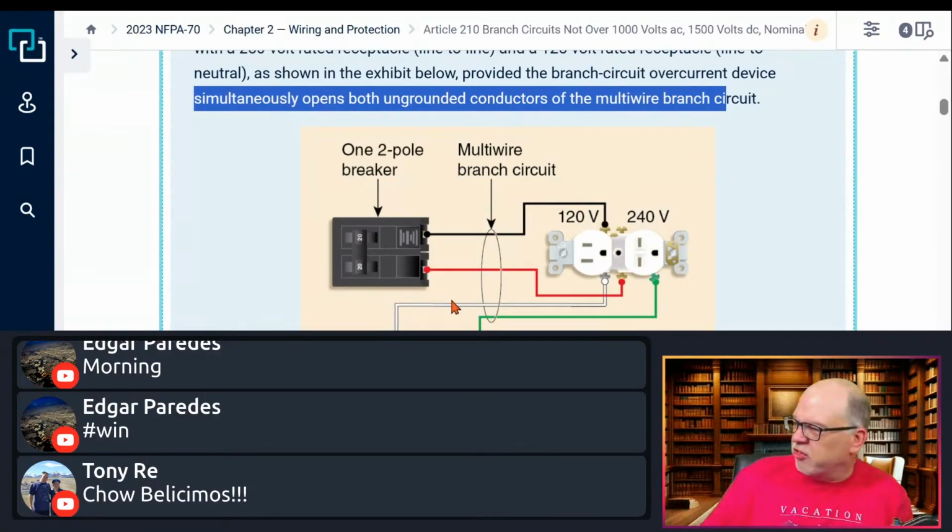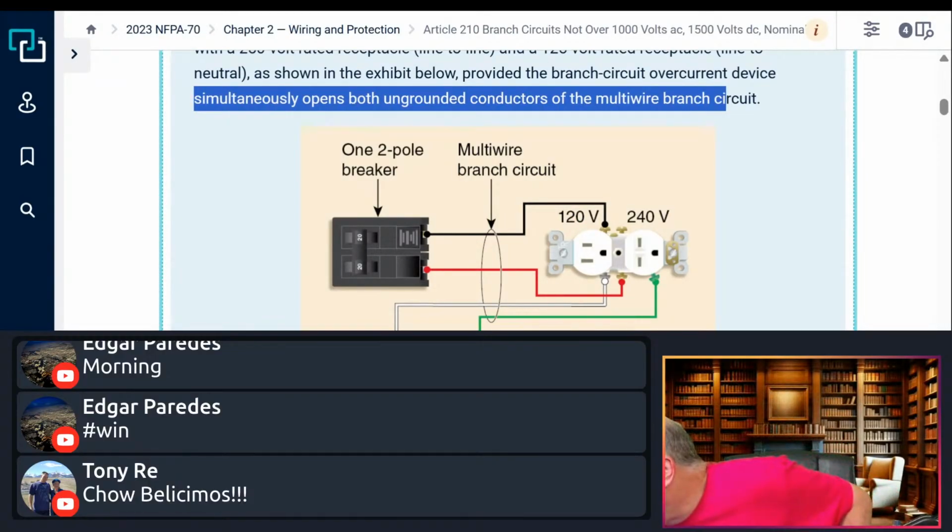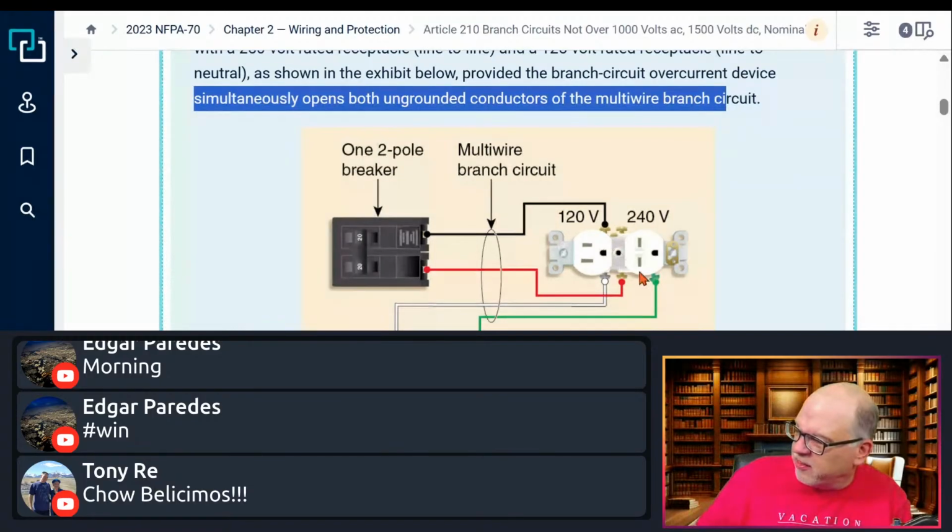Yeah, there we go. So see, these are two different types of face plates designed from this single receptacle right here. So we're getting a 120, 240, and you'll notice right here, look at this setup. On this side, because these are both here and here.